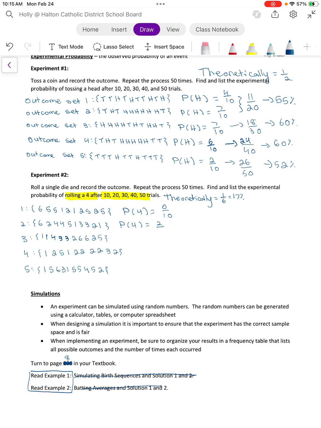is 2 out of 10. So when I combine these, I now have 2 4s out of 20 rolls, which is now at 10%. If I look at set 3, the probability of a 4, I'm running out of space here.